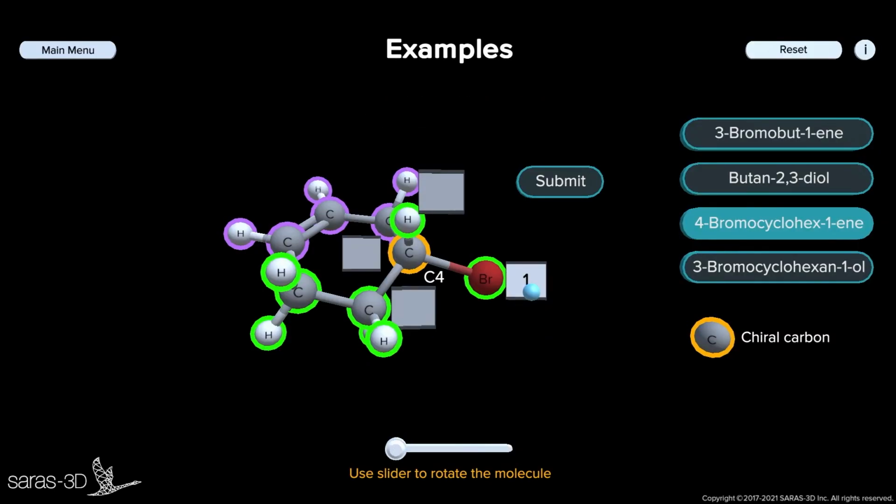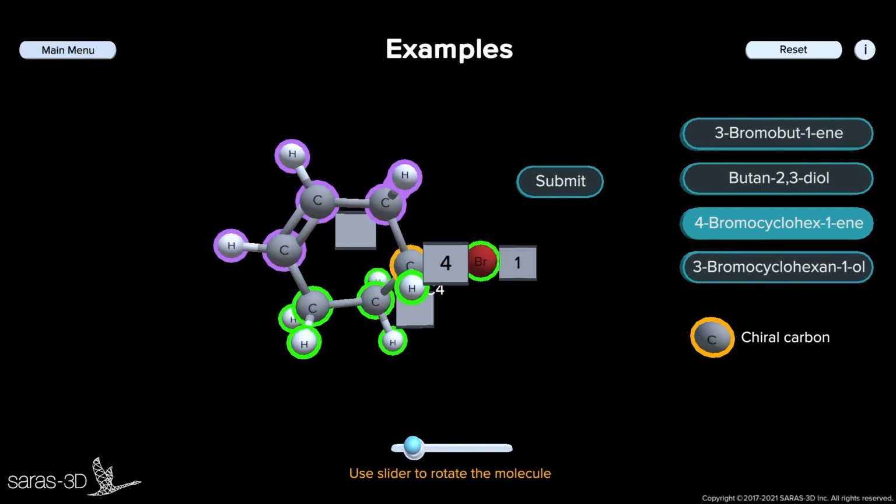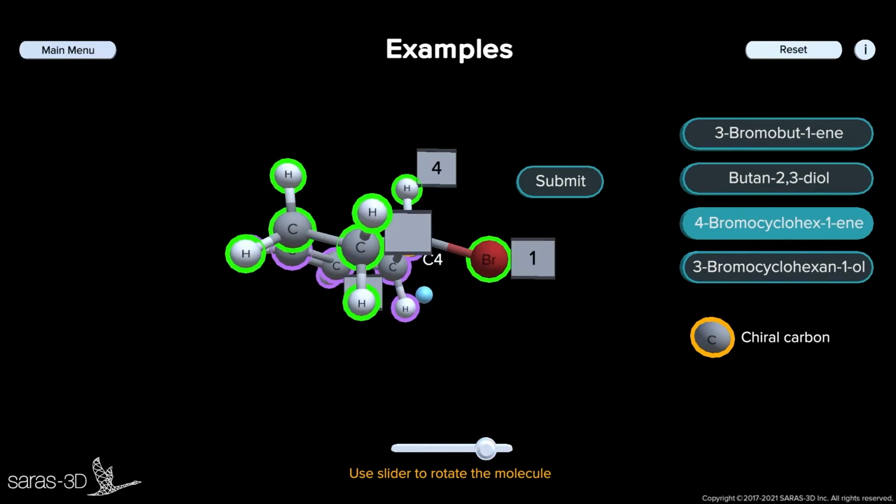Bromine will be assigned the highest priority because its atomic number is 35, and the hydrogen will be assigned the least priority because its atomic number is 1. Now if we rotate the molecule, then this group CH2, CH double bond CH will be assigned the second priority, and this group, that is the CH2, CH2 group, will be assigned the third priority.